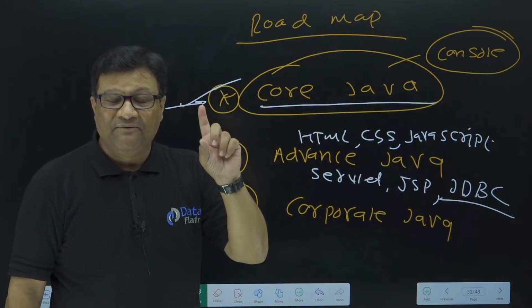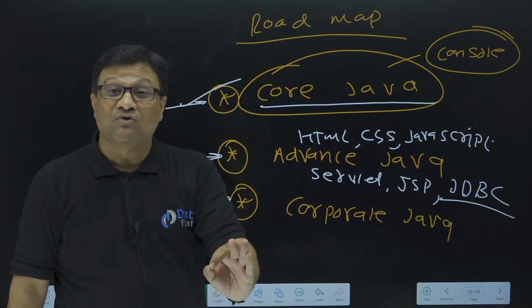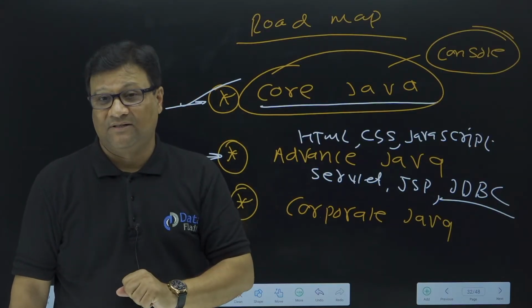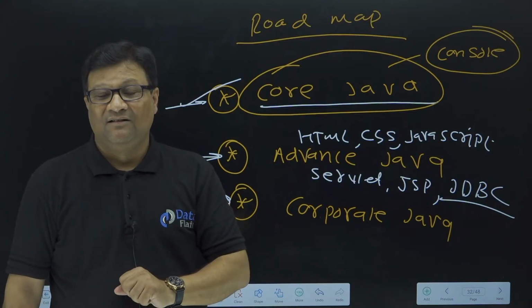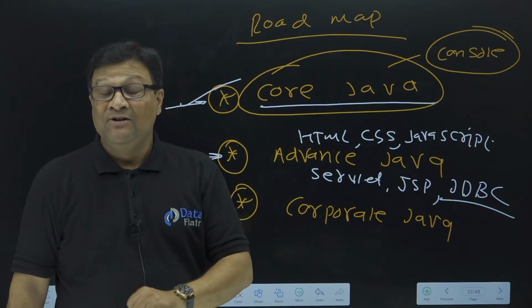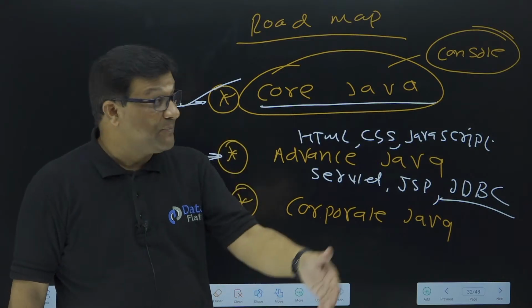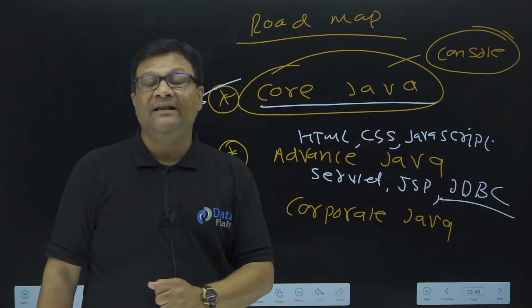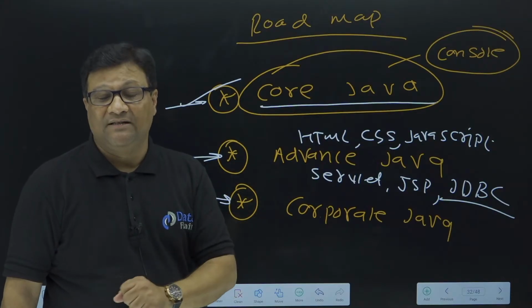That's the reason that, even in an earlier lecture, I told you most industry people focus on core Java concepts first in their interviews. Even the OCJP exam is based on core Java concepts, because they know very well that if a person is good in core Java, he or she will easily be able to cover the advanced and corporate Java concepts.